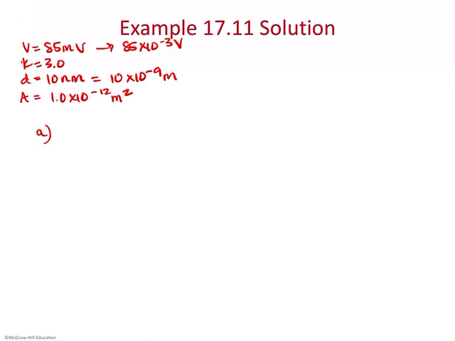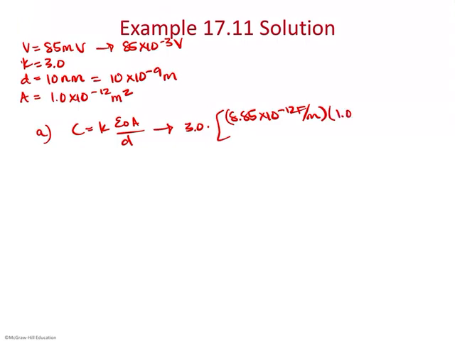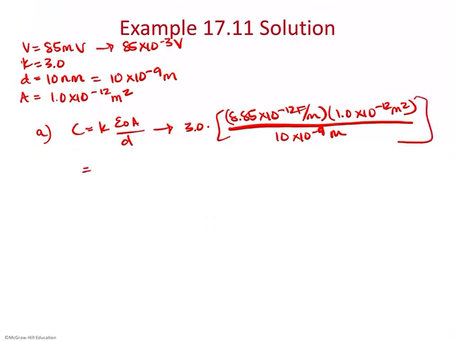All right, so this is first wanting us to find the capacitance. So the capacitance with a dielectric. You have to have that weird looking kappa, which I just write as a K the same way, unfortunately. The dielectric constant it gave was 3, times the permittivity, times the area, which was 1 times 10 to the negative 12th meters squared, divided by the distance, which was 10 times 10 to the negative 9th meters.